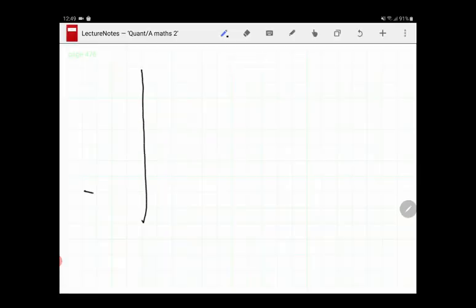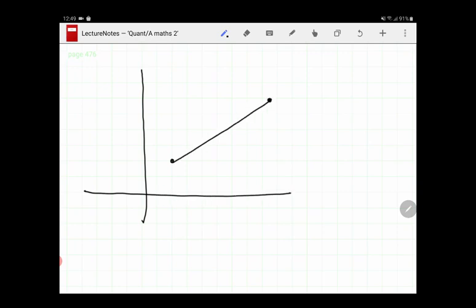So let's take this example. I have drawn the x and the y coordinates. Now supposing I draw this line, the coordinates x1, y1, and the coordinates of this point x2, y2. So what does that mean? The x coordinate, the value here is x2, the value here is x1.